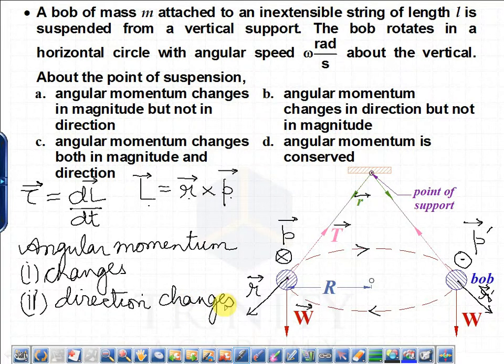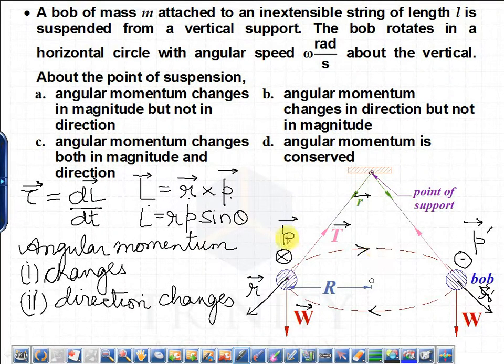But if we consider the magnitude part, then we will write L equal to R into P into sine theta, where theta is the included angle between this position vector and momentum vector. Suppose momentum vector and position vector make some angle at this position. Then from the geometry of the situation, the same angle would be made by the momentum vector and position vector over here also. In fact, at any point on the circular path, there would be no change whatsoever in that angle.